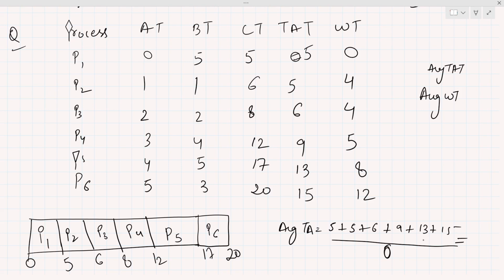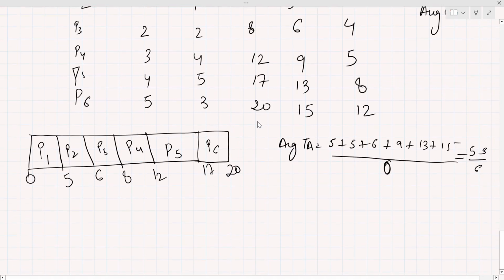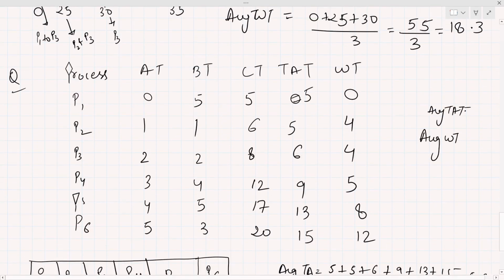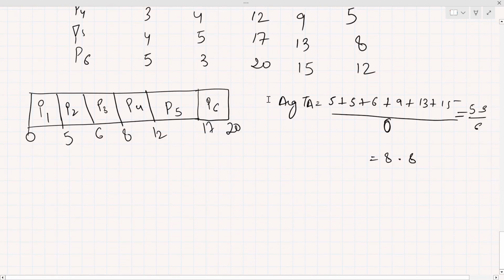The sum of these numbers is 53, and 53 divided by 6 becomes 8.8. So the average TAT is 8.8. Average turnaround time is 8.8, meaning on average a process spends 8.8 units of time in the CPU.